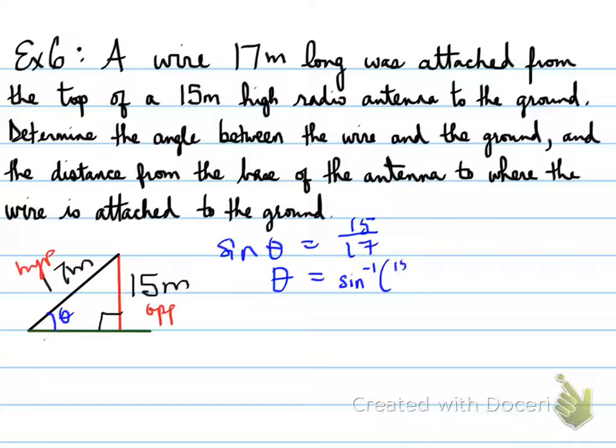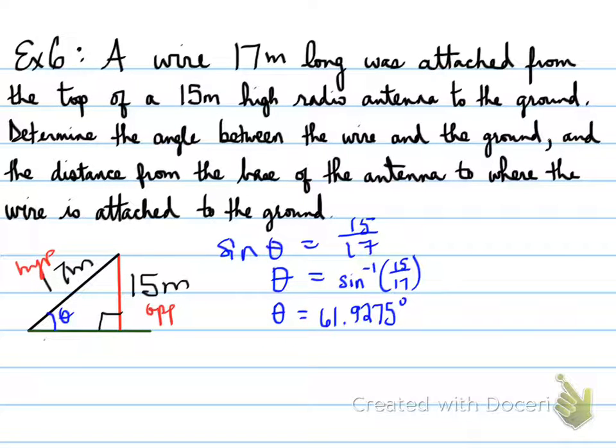And the sine inverse of 15 over 17, hopefully you're typing it into your calculator, theta will equal 61.9275 degrees. So we know the angle that the wire makes with the ground, so we've answered that. So that part is correct, is done.